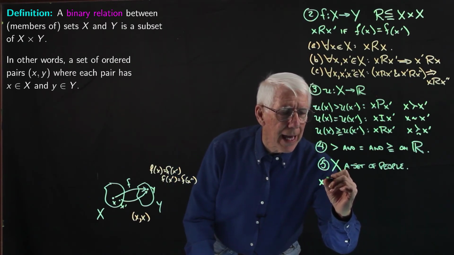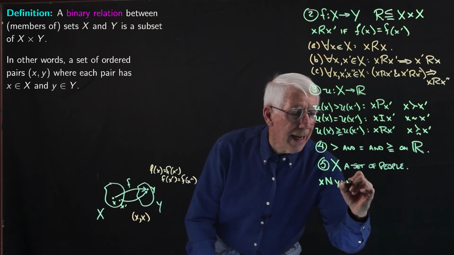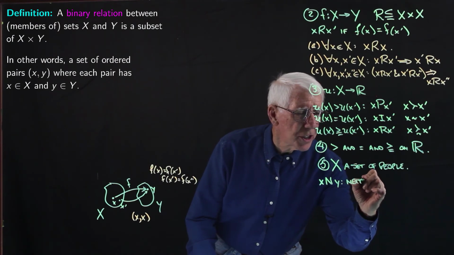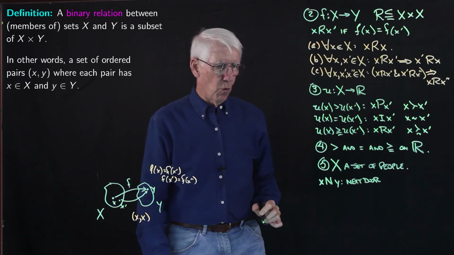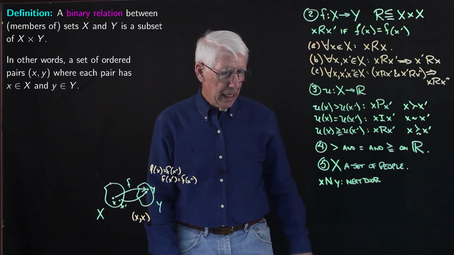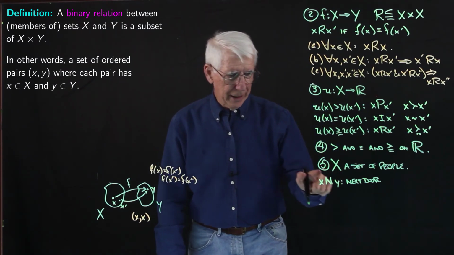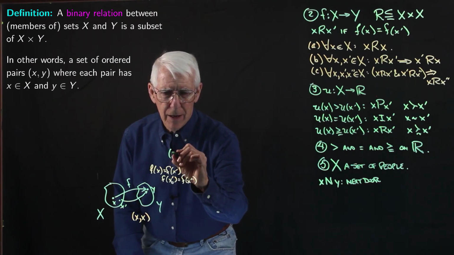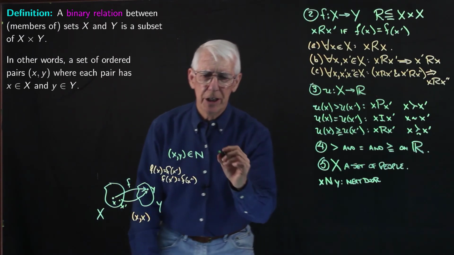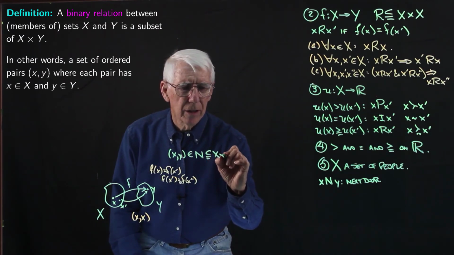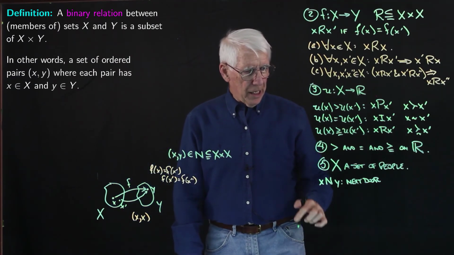So I'll say that X and Y, if person X lives next door to person Y, if they live next door to one another, then they're in this relation. Again, we could write this, of course, as XY is an element of the set N, which is a subset of X cross X. A second relation.